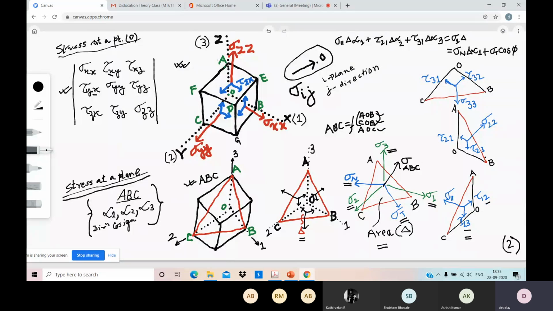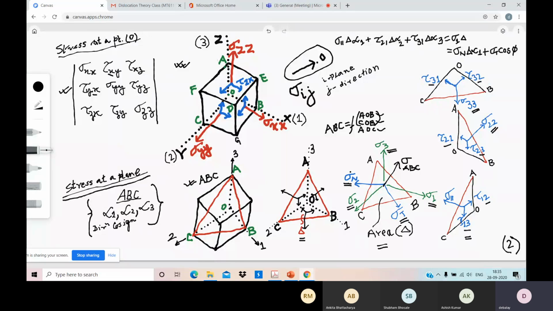Similarly, on the AOB plane, which is plane number 2, perpendicular to direction 2, normal stress is sigma 2 2, shear stress is tau 2 1 and tau 2 3. Similarly, the OBC plane, that is the basal plane, which is plane number 3, normal stress is sigma 3 3, shear stress is tau 3 1 and tau 3 2. Yeah, these two are the shear stresses.